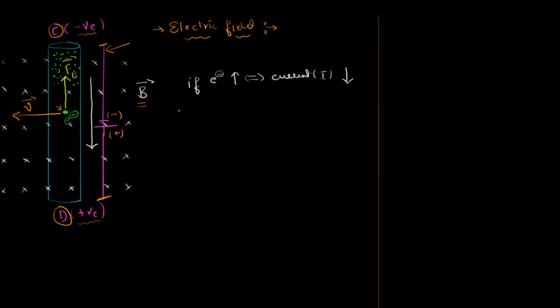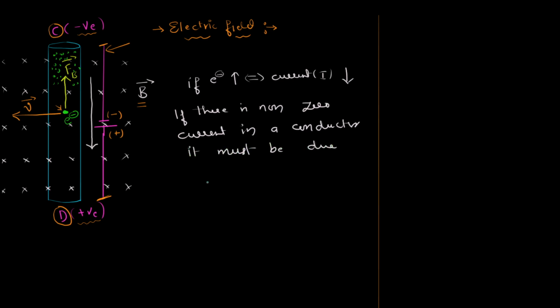We know that if there is a non-zero current in a conductor, it must be due to an electric field inside the conductor.